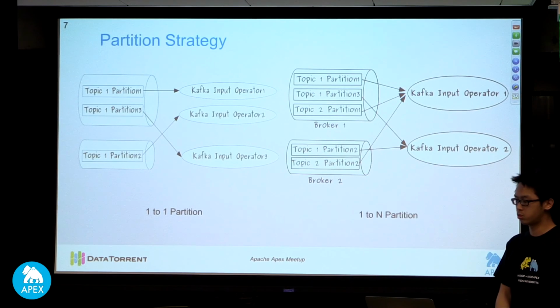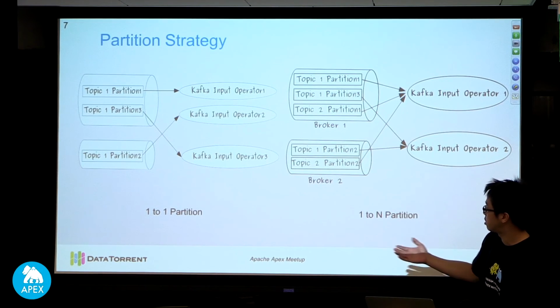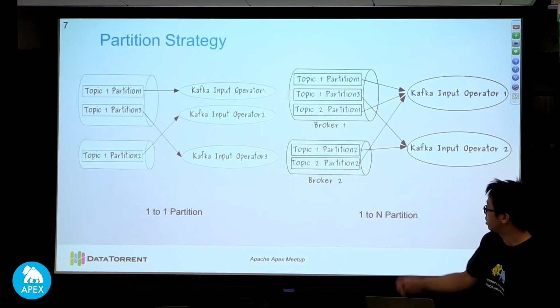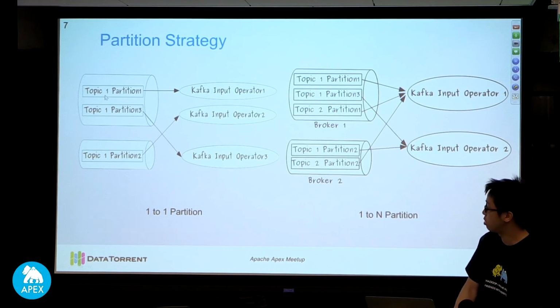Next, I want to talk about the different partition strategies that we support in the Kafka input operator. The two most used partition strategies are one-to-one and one-to-many. One-to-one means for each Kafka partition, you have one Kafka input operator to consume data from it.